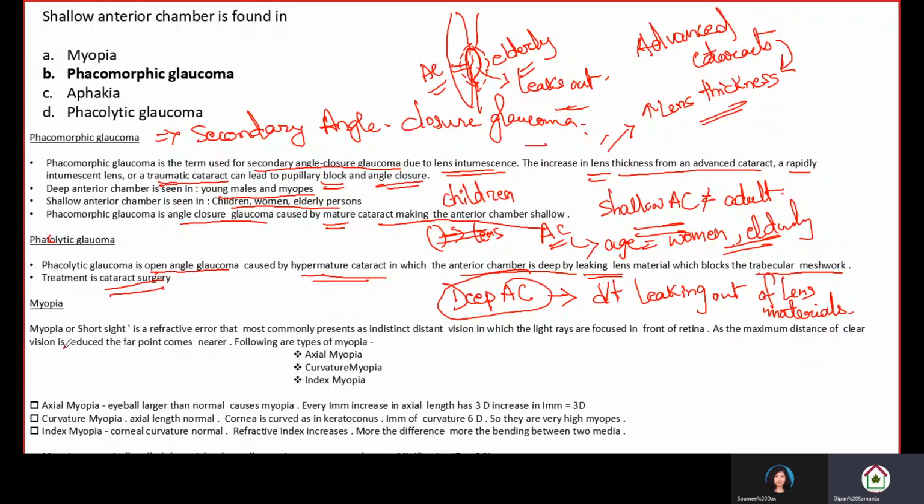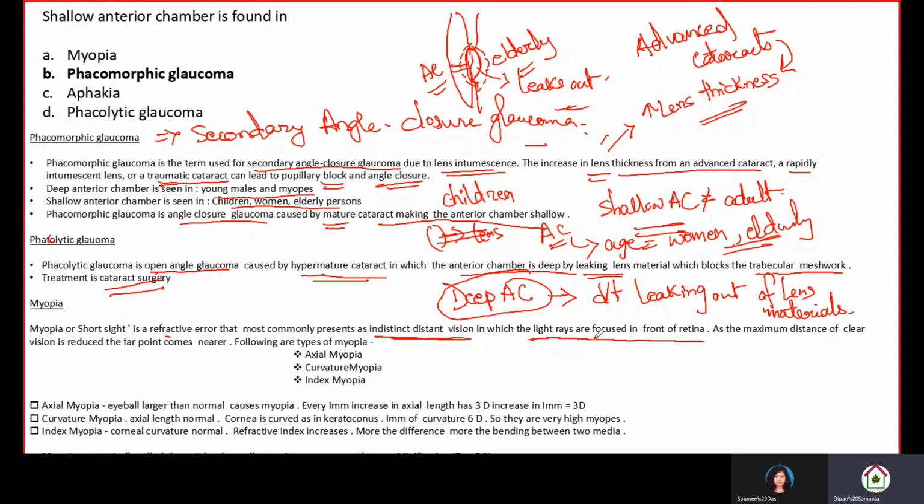Okay, next is myopia. Myopia or short-sightedness is a refractive error which most commonly presents as indistinct distant vision, in which the light rays are focused in front of the retina.